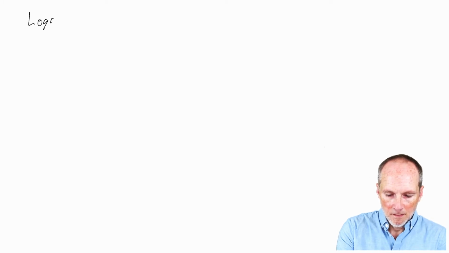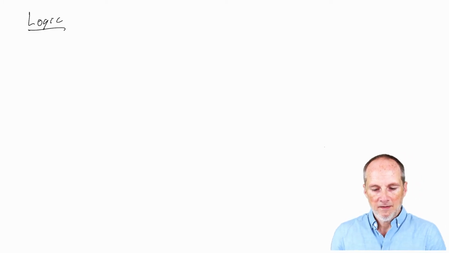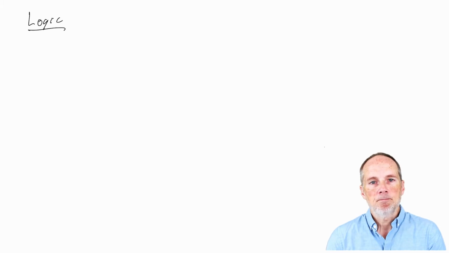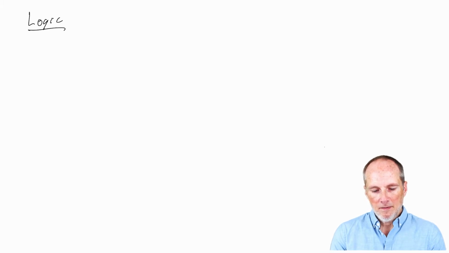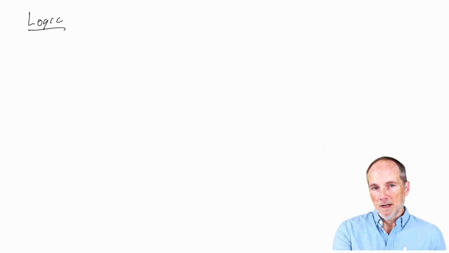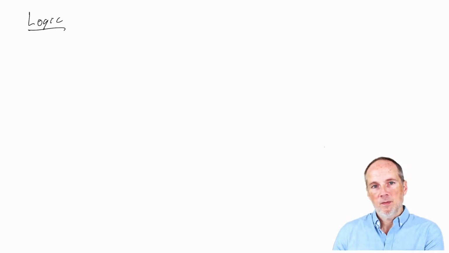So what I want to start talking about is one of the most basic sets of tools that we have, which is logic. Logic, roughly, what it does is it gives us a way of going from a set of sentences and inferring new sentences from those.